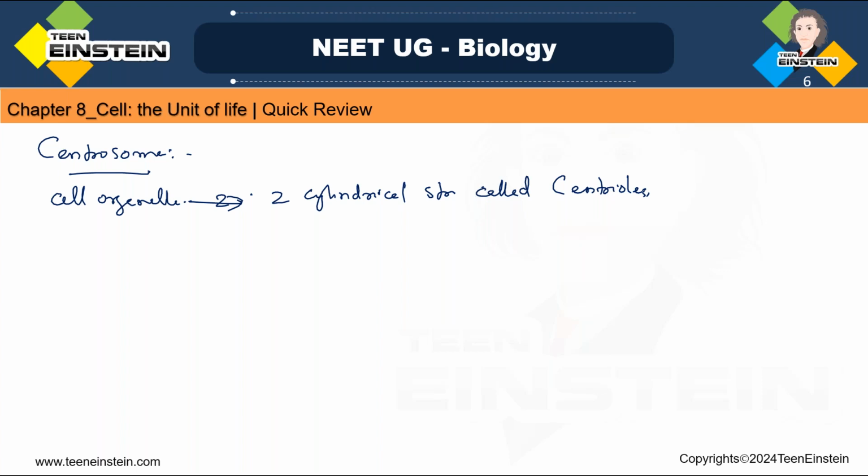The organization is like a cartwheel, and the centrioles in a centrosome are made up of 9 evenly spaced peripheral fibrils of tubulin protein. Here also you can see the tubulin protein.